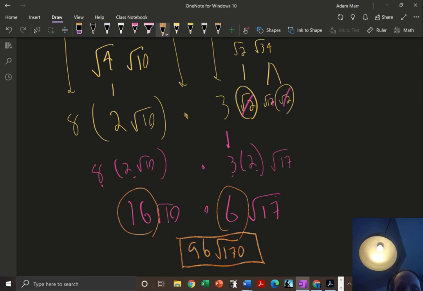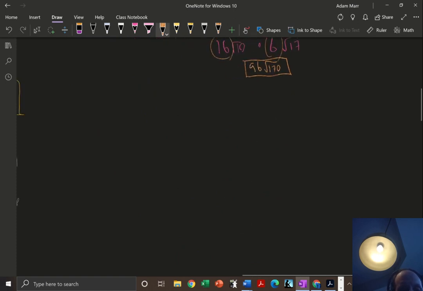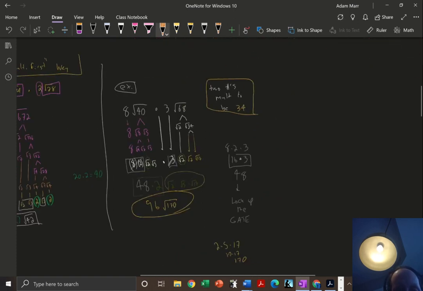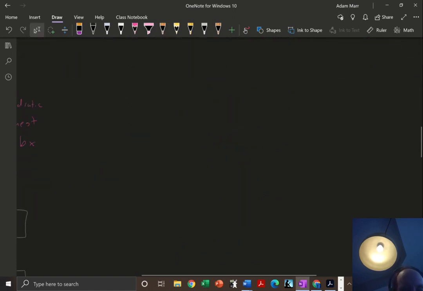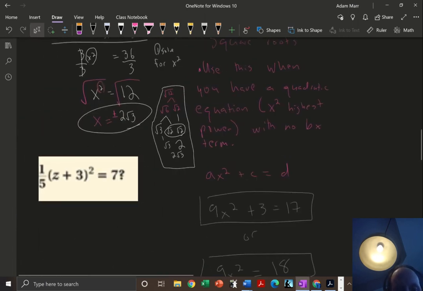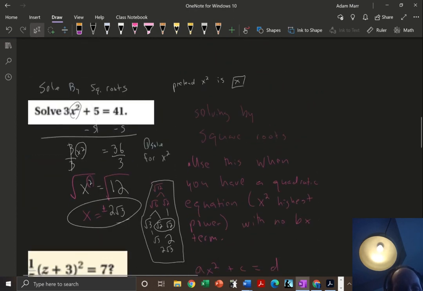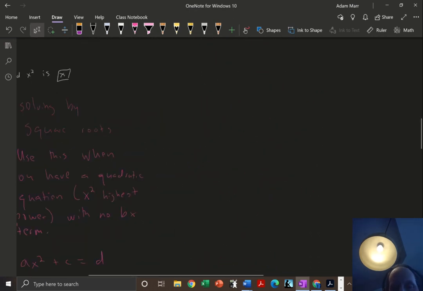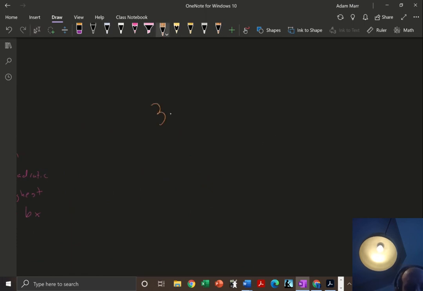All right. Now going on right here to what we did today. We did solving by square roots. Let's take a look at one of these problems. Let's start with a more simple one, the kind of ones we did today. 3x squared plus 5 equals 41. Or actually, we could do one a little different, so I can just mix it up if you understood the one today.